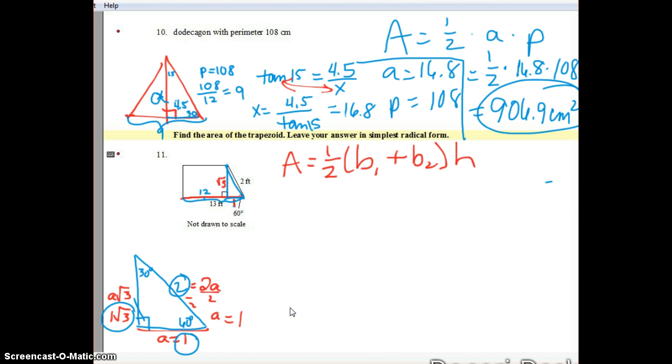And so the opposite base would also be 12 then. We want to see what we can fill in our formula. We need base 1, we need base 2, we need the height. Base 1, I'm going to make our top base 12. Base 2 is 13, and our height is the square root of 3.